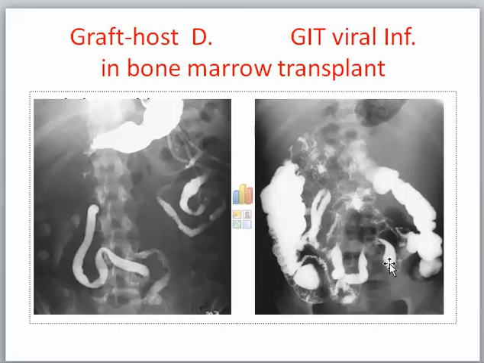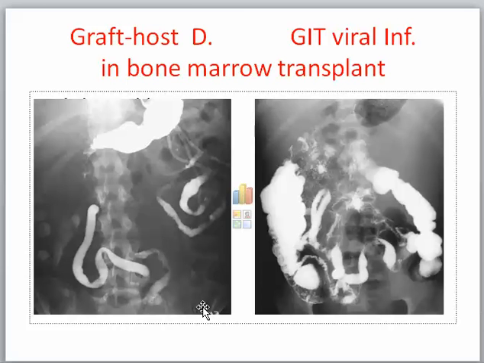Viral infection of the small intestine can cause generalized narrowing of the lumen. In bone marrow transplantation, such an appearance is sometimes seen. And of course, we know that if there are lymph nodes, it will give such an appearance.